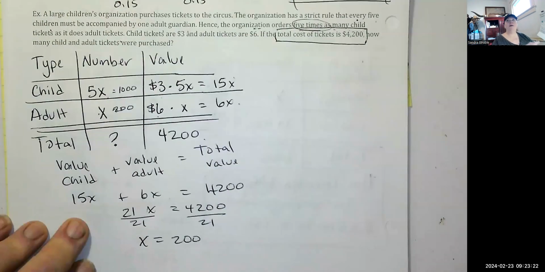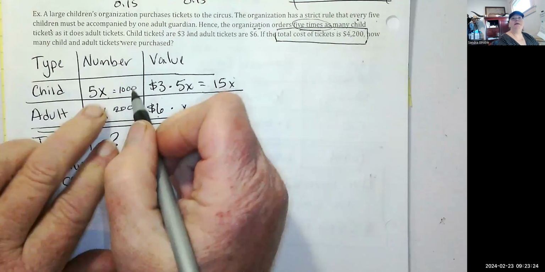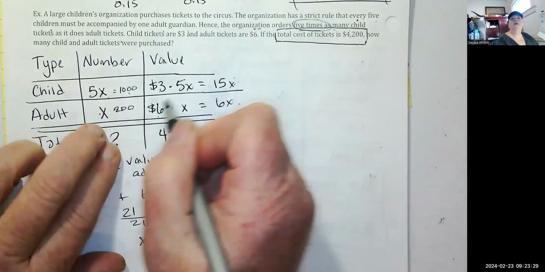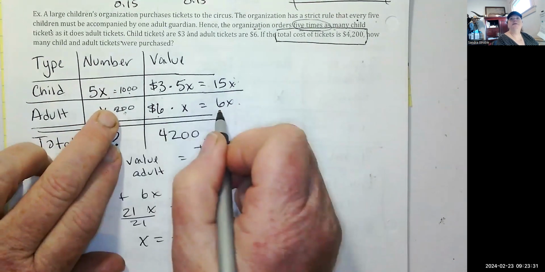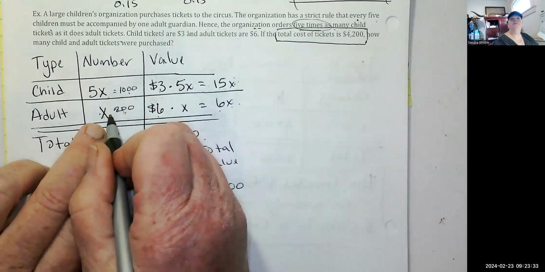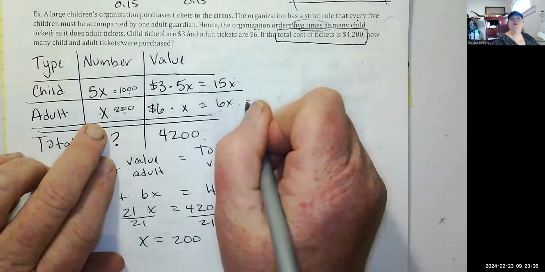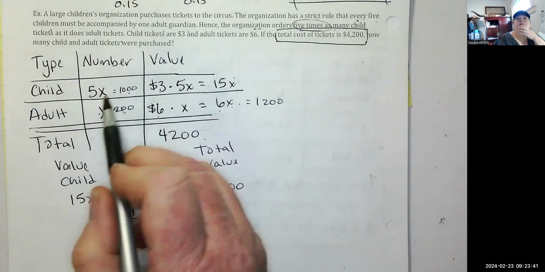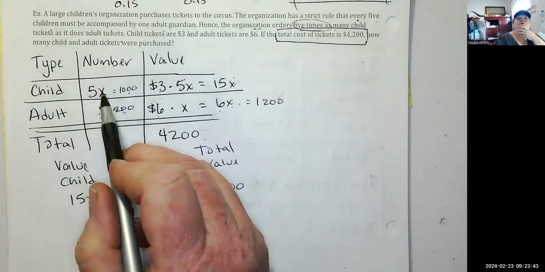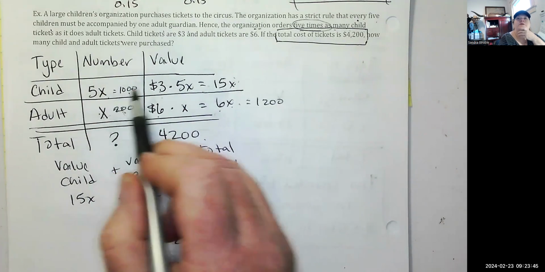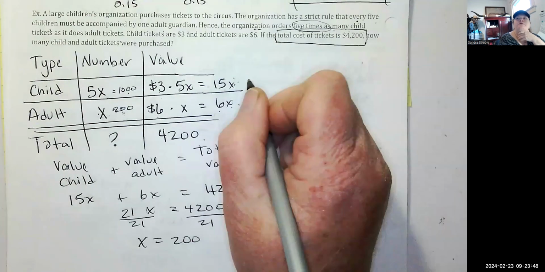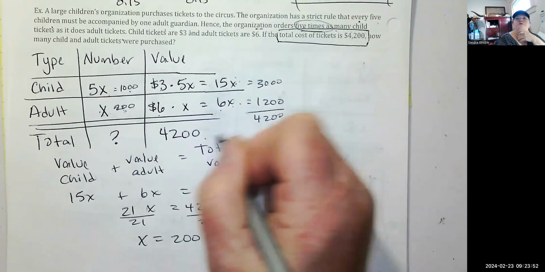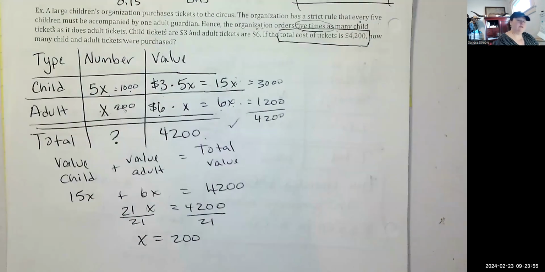All right, before I write my sentence, I want to check this real quick. It's 200 adult tickets here. Let's do the 200. 6 times 200. $6 times 200 is $1,200. 1,000 is the number of child tickets. 1,000 tickets times $3 is $3,000. That is $4,200, and that checks out. So that's good. Now we can write our sentence.